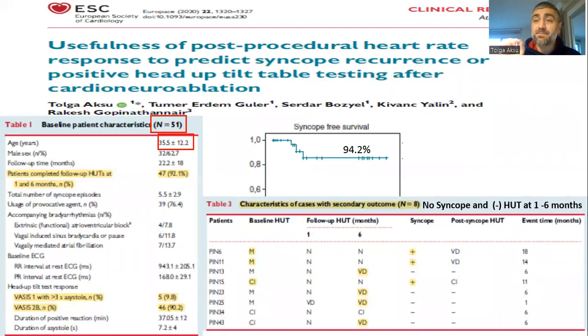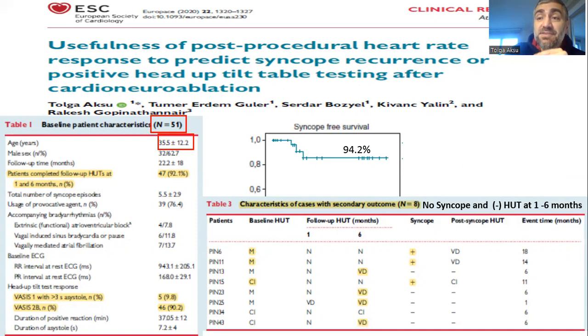But as an important point, we checked tilt testing not only before the ablation, we also checked follow-up tilt testing at the first and 6 months of follow-up, and without any new syncope episodes, we saw some vasodepressor type response on follow-up tilt testing in some cases.